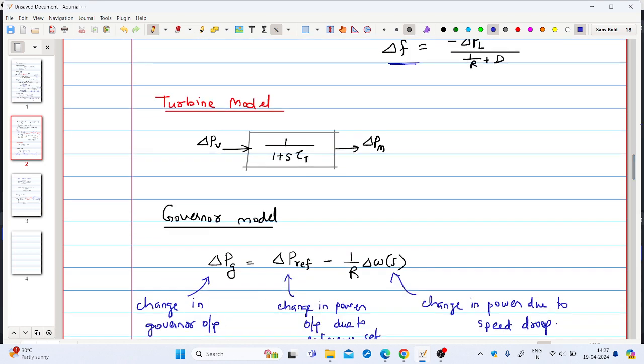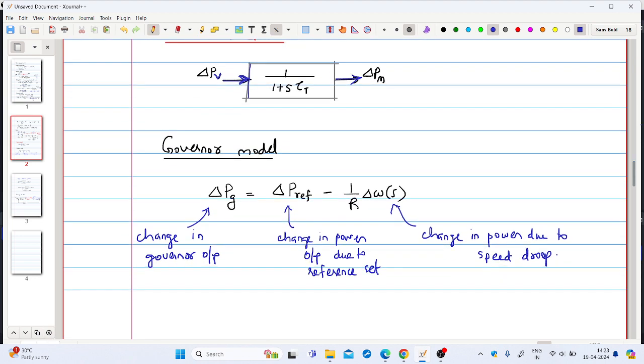Now coming to the turbine model, it is represented by a simple first order transfer function with time constant tau t. Delta PV is the change in valve input. Then delta PM is the change in mechanical power output of the turbine. This is a simplified model.